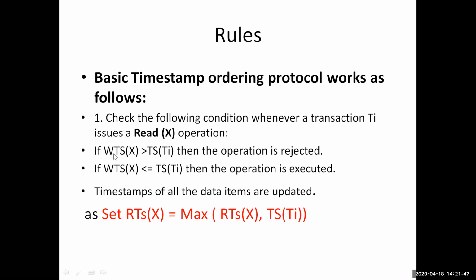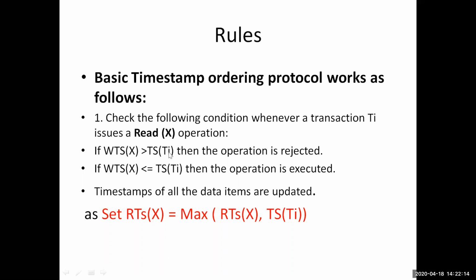Whether write timestamp of that variable is greater than the timestamp of that transaction or not. What does this mean? Suppose I have T1, T2, T3 and right now I'm checking the read condition for T2. So TS of Ti will be the T2 timestamp when T2 entered into the system. And this is the last updated write value for that particular variable.